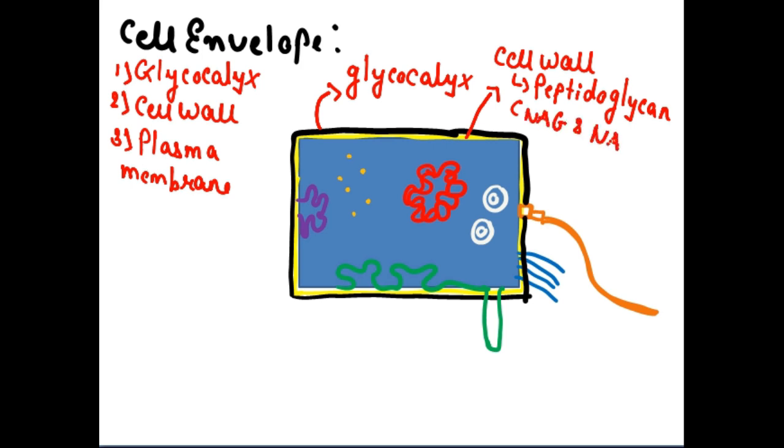So this was about the cell wall. Another function of the cell wall is that it provides rigidity to the cell structure. Then the innermost structure is called the plasma membrane.